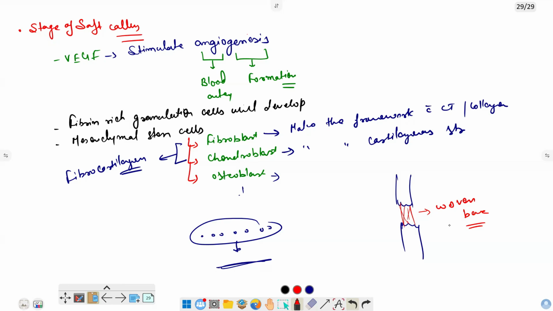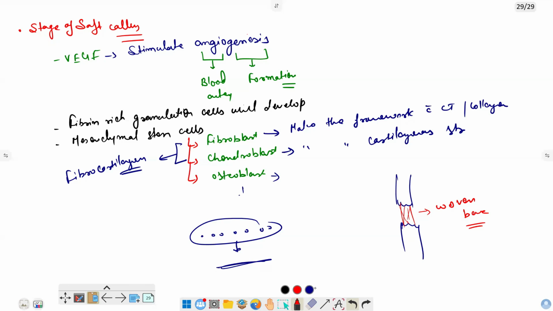Till the stage of soft callus, the alignment of bone can be changed, but once it progresses from the soft callus towards the stage of bony callus, there is no possibility of realignment. In that particular condition, one will have to break the healing bone, and go for the reassessment and retreatment of that particular case. So the realignment of the bone is only possible till the stage of the soft callus.